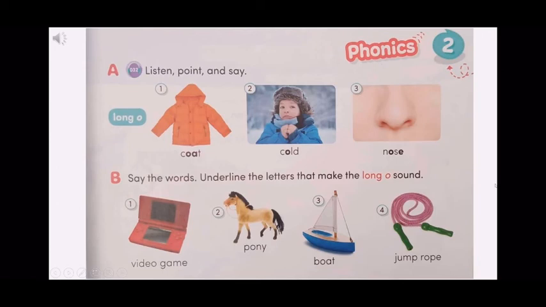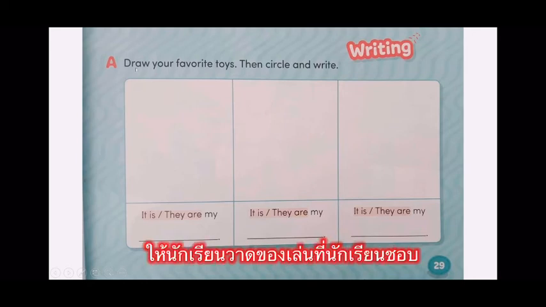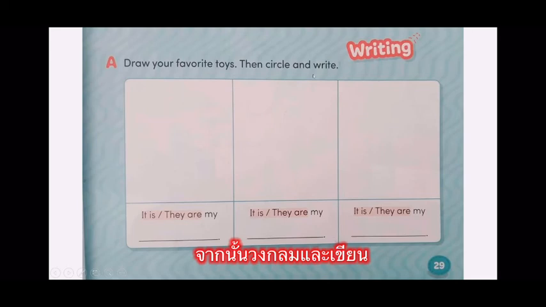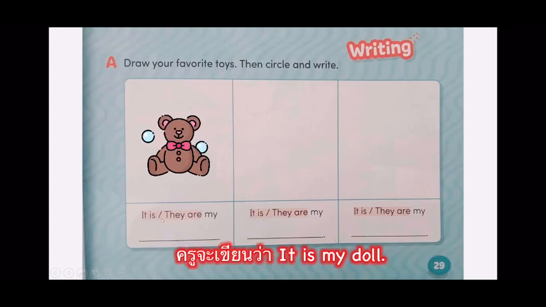Writing, letter A on page 29. Here, you are going to draw your favorite toys, then circle and write. For example, here you draw a doll that is my favorite toy. So I will say, it is my doll.